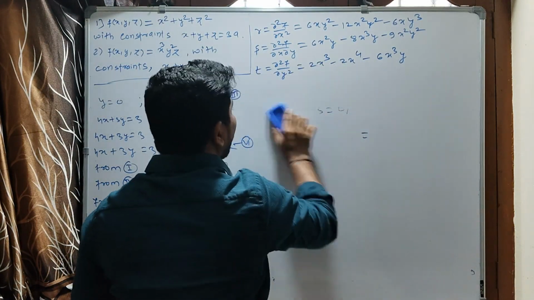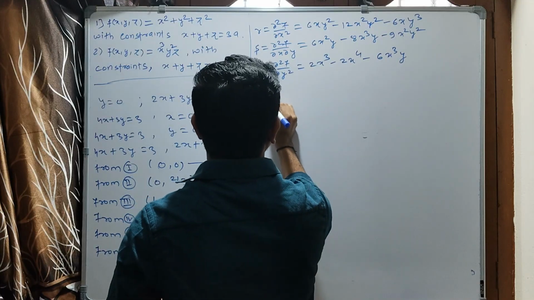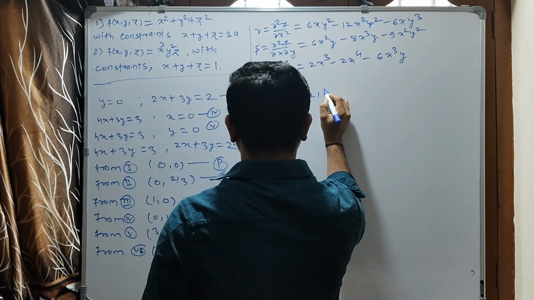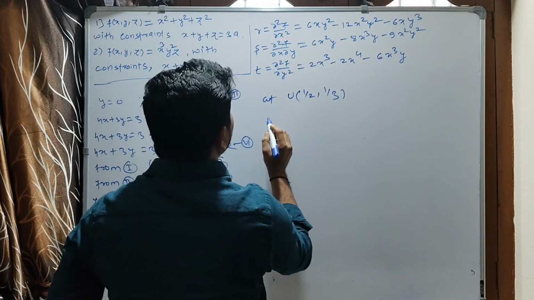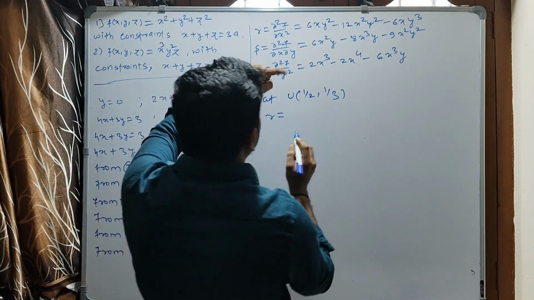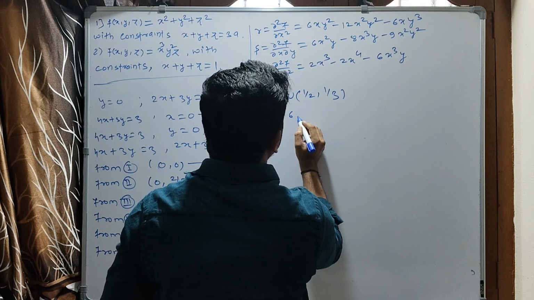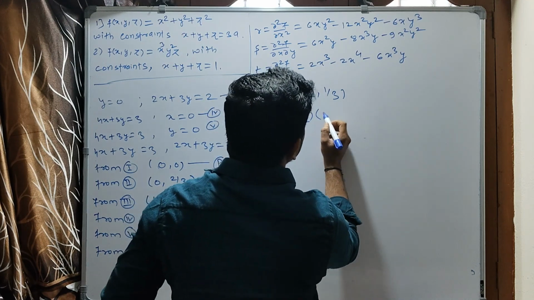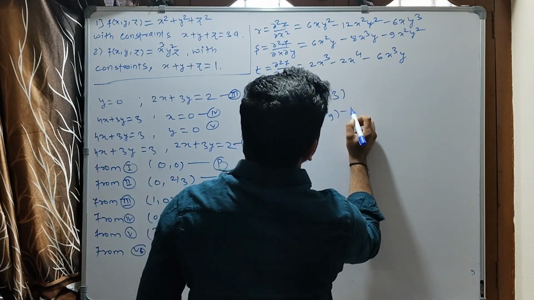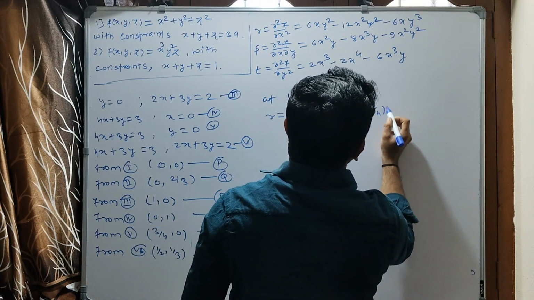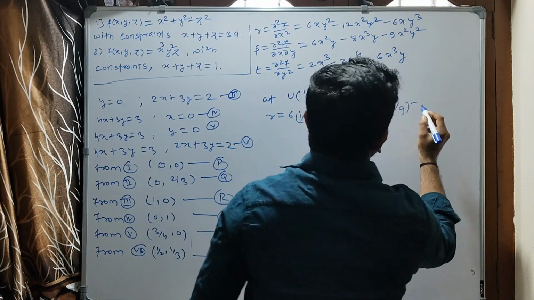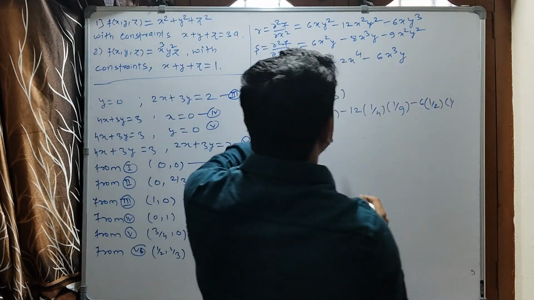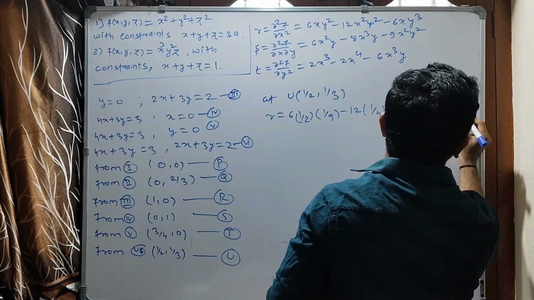Now at u, the coordinates are (1/2, 1/3). Therefore r equal to 6 times x, which is 1 by 2, into 1 by 3 square, 1 by 9, minus 12 times 1 by 4 into 1 by 9, minus 6 times 1 by 2 into 1 by 3 cube, that is 27.